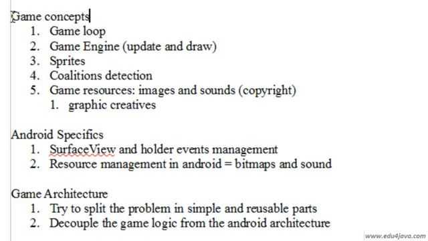First, we have to learn the concepts of game programming. First of all, the game loop. What is a game loop? When you see a movie, what you really see is a picture painted over another several times per second.